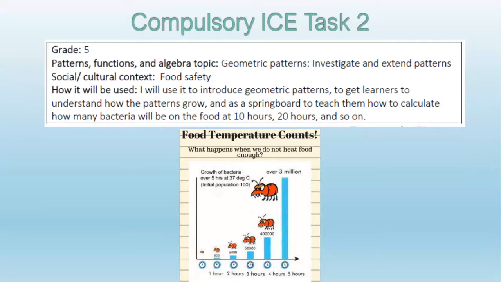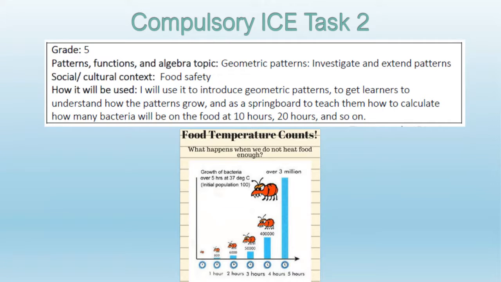So the context here is food safety. That is the social and cultural context that they have chosen. So health and safety, especially food safety, that is a social and cultural context.